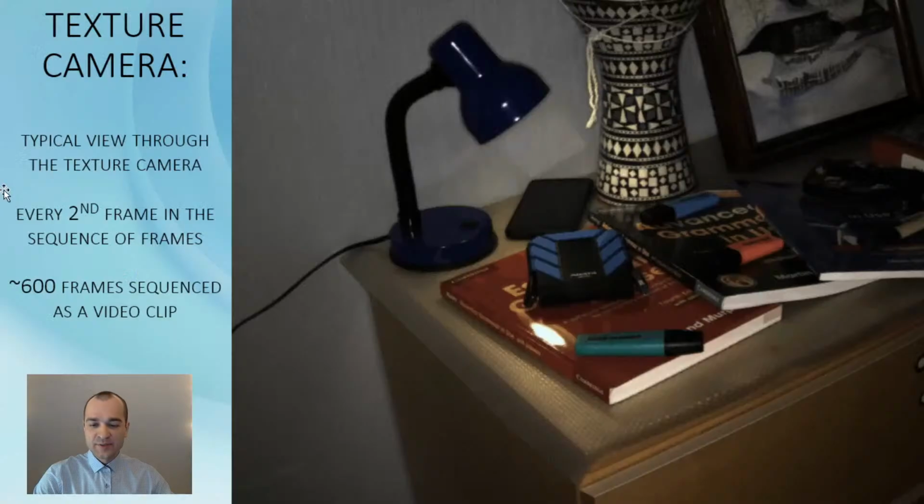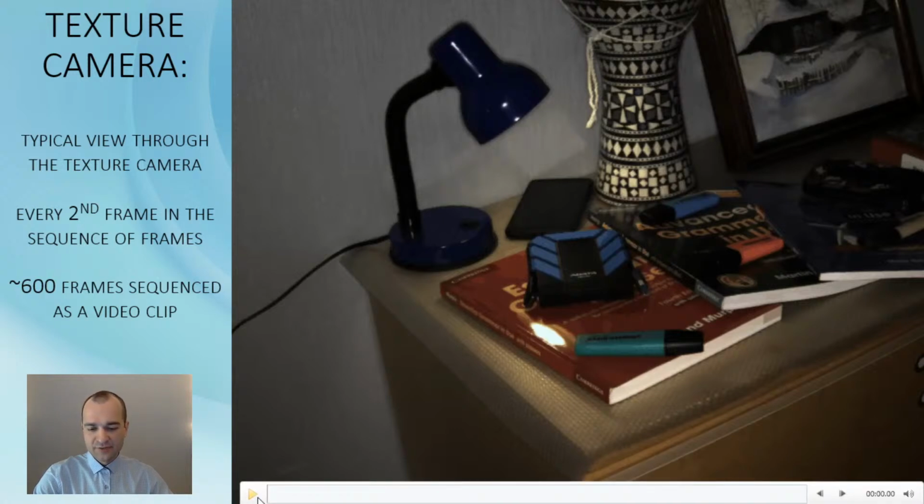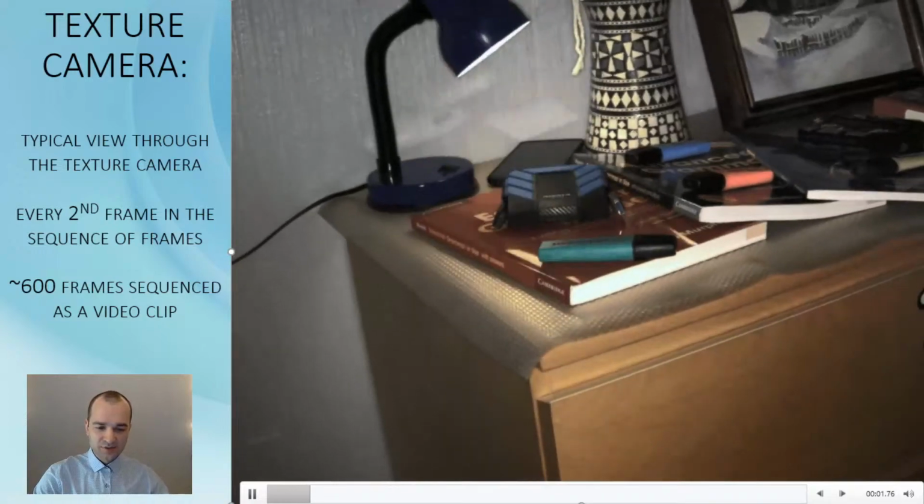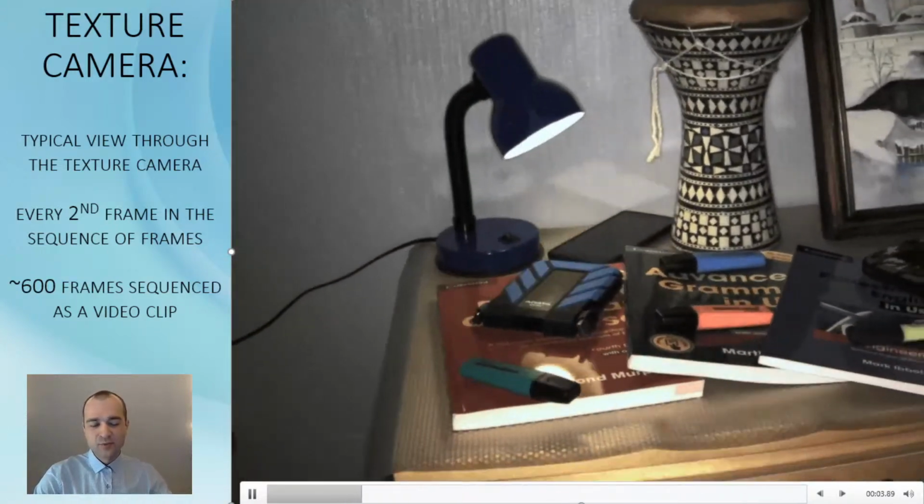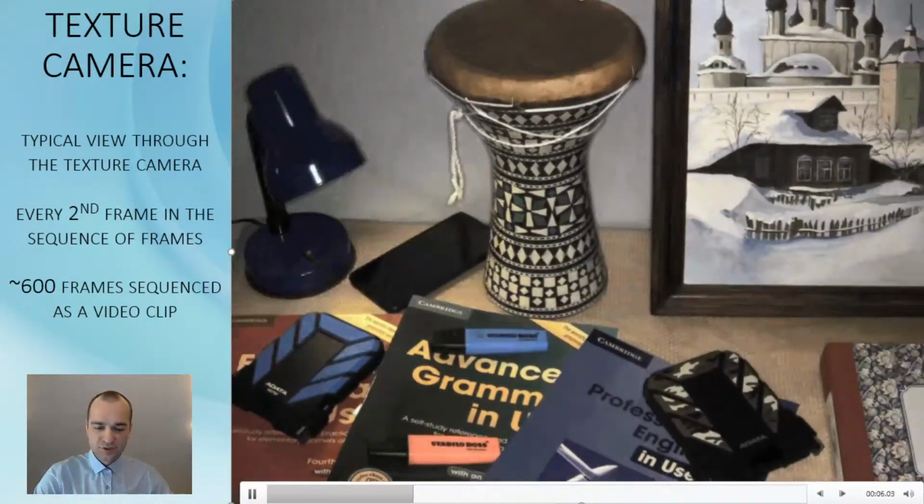We're going to start with the texture camera, because it's the simplest camera to understand. It's basically just a sequence of frames which I combined into a little video sequence of about 600 frames. It's not all of the frames, it's just every second frame, because every odd frame would be the frame from the geometry camera.